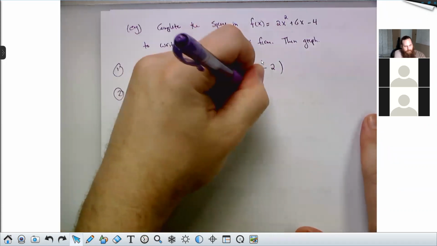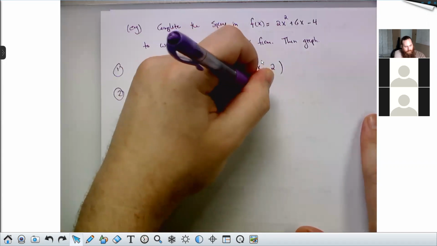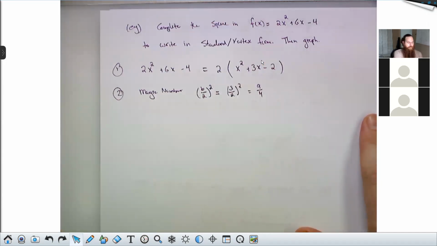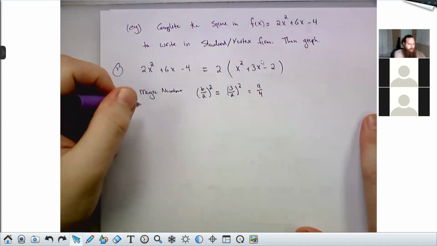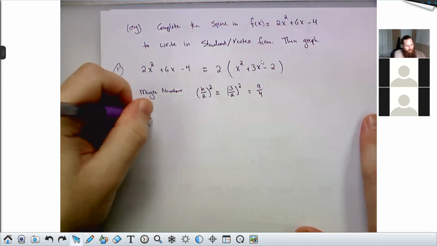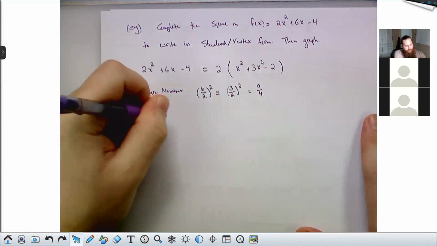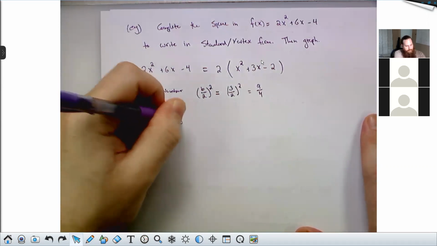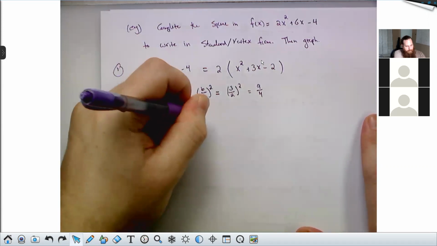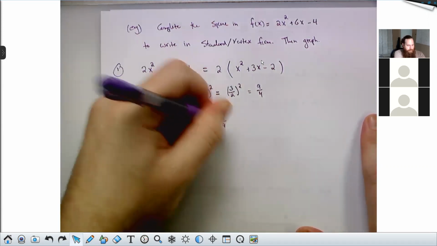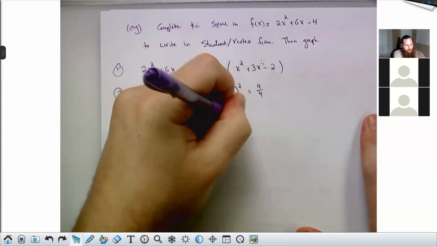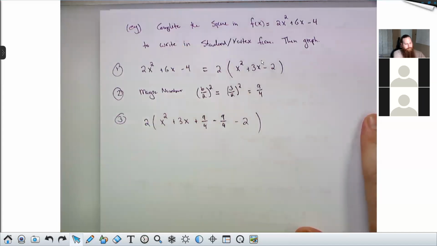And this is 9/4. Then I add and subtract my magic number right after the x terms. This is x squared plus 3x plus 9/4 minus 9/4 minus 2.